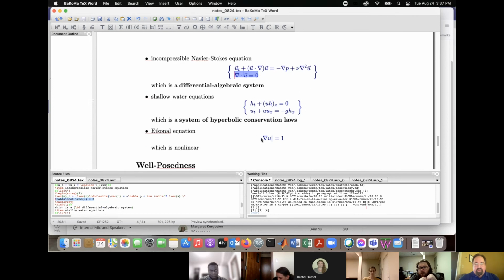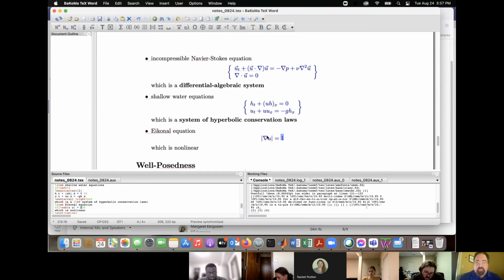And then we have a nonlinear equation, the eikonal equation. What's interesting about this equation is that it can be a measure of a distance within a domain. So whatever domain omega the PDE is defined on, the function on the right-hand side is 1 over wave speed.